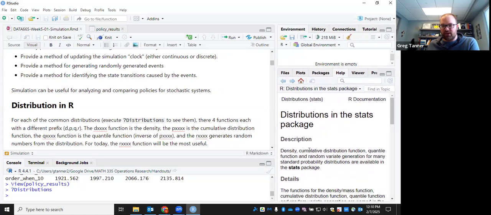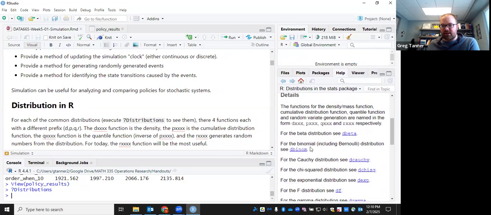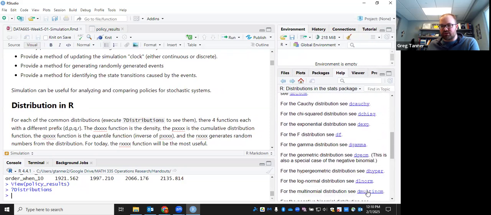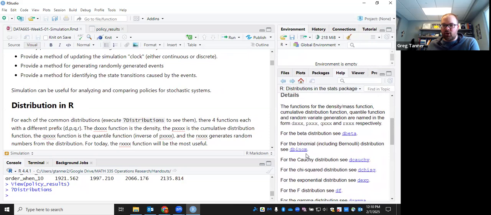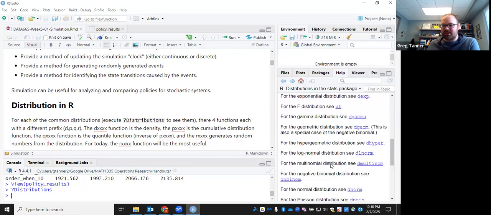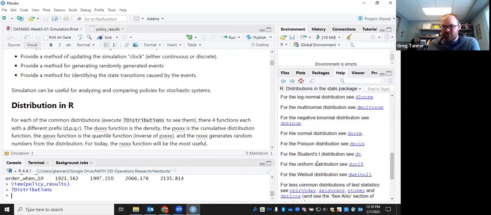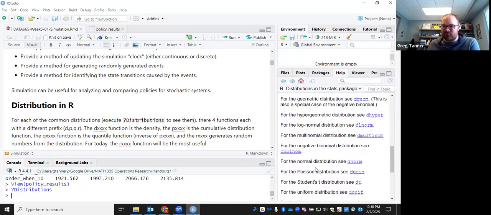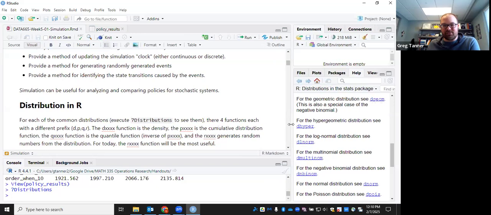So I'll pull those up over here. If you scroll down, there's a list with links to the help files for the individual distributions: the beta, the binomial, the Cauchy, chi-squared, exponential, F distribution, gamma, geometric, hypergeometric, log normal, multinomial. I'll be honest, some of these I've never actually used in practice, but some are very, very useful.